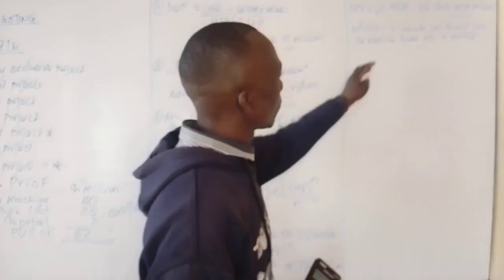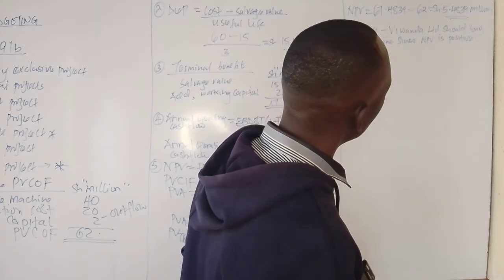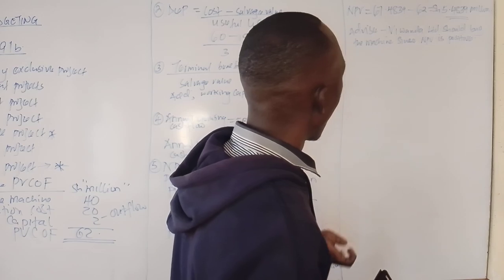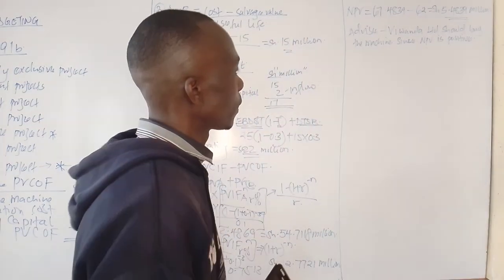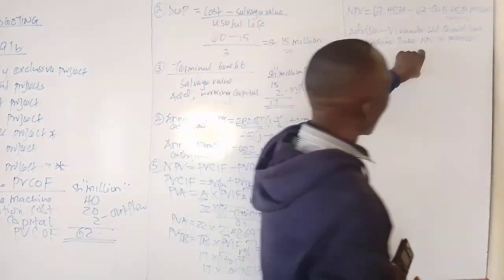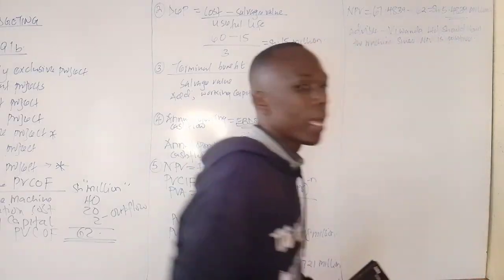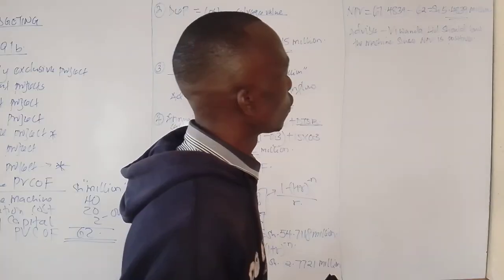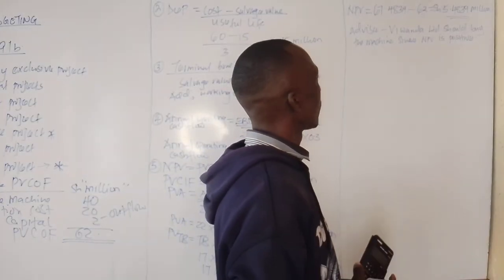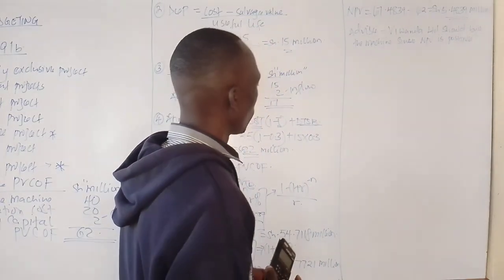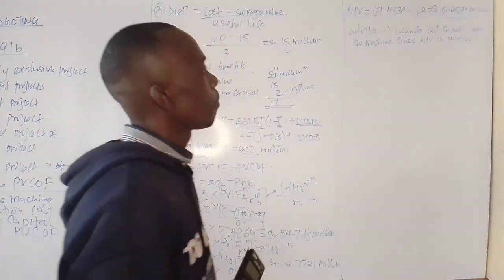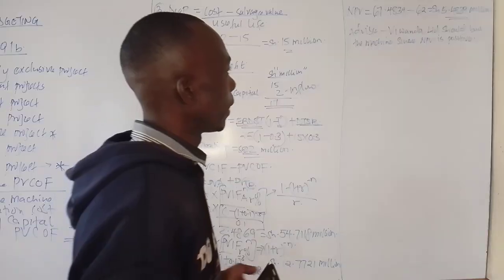Anytime you evaluate and you find that the NPV is positive, the decision should be they should buy the machine or they should purchase. If we had gotten a negative NPV, therefore the decision would have been they should not buy the machine. Reason being, it is not going to add any positive to the company.